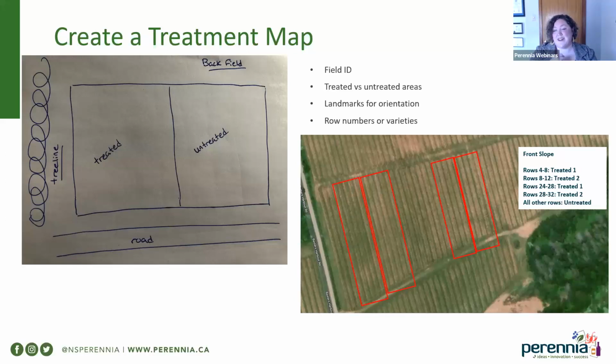You're going to be able to find that flag and know that you just have to follow it straight in from there, and to be able to find your flags at the treatments again, since otherwise it's just a jungle. You may never find your flags again until after the combine's gone by, and then it's too late to collect your data.